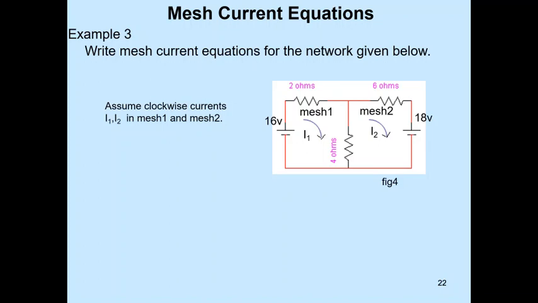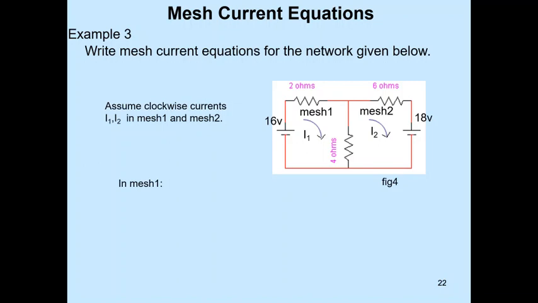Assume clockwise currents I1 and I2. The current direction depends only upon our assumption; we can take it in any direction, that's not a problem.